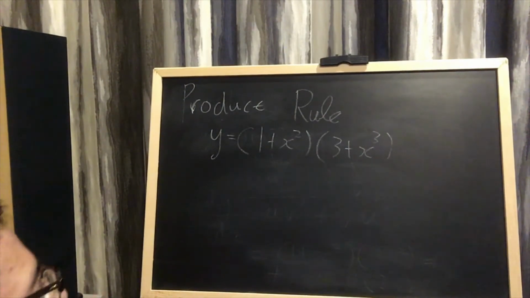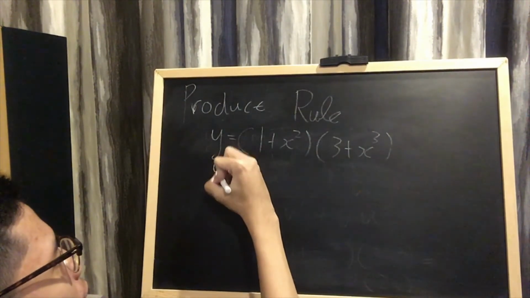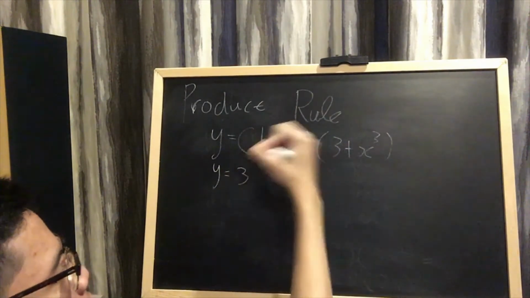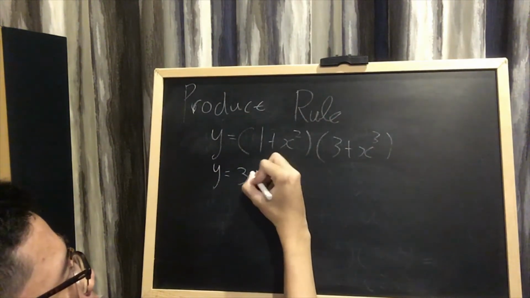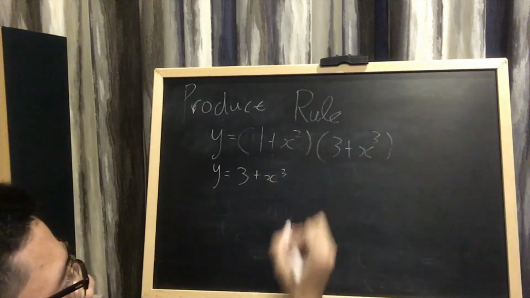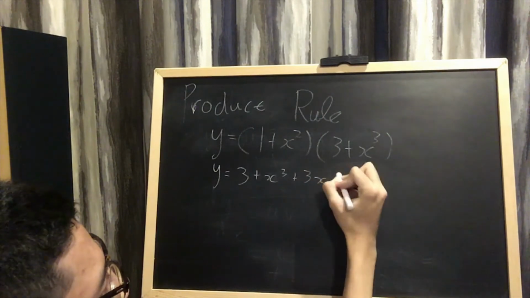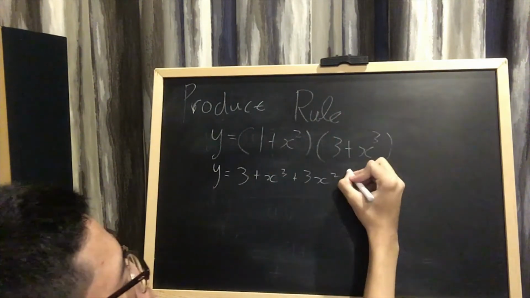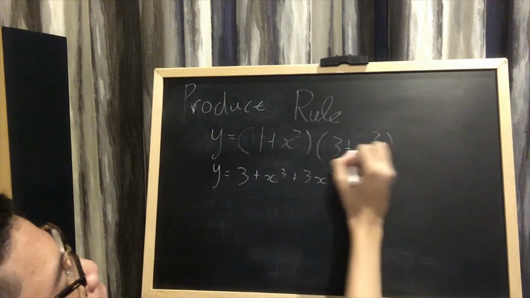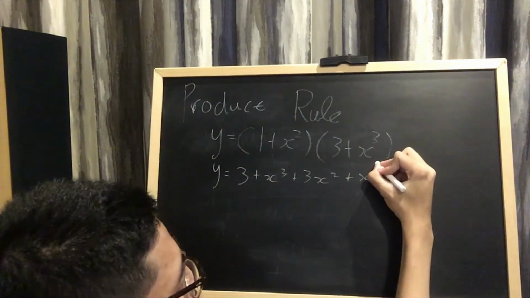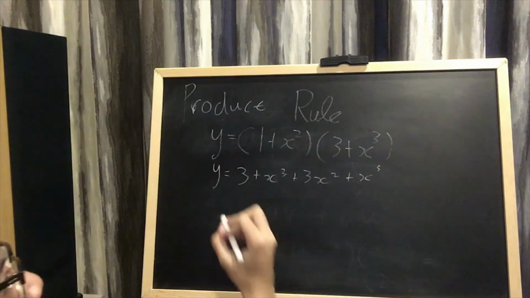So now I'm going to take this and expand it. It's going to be 3, and then x cubed, and it's going to be 3x squared, and then plus x. 3 plus 2 is 5. Okay.